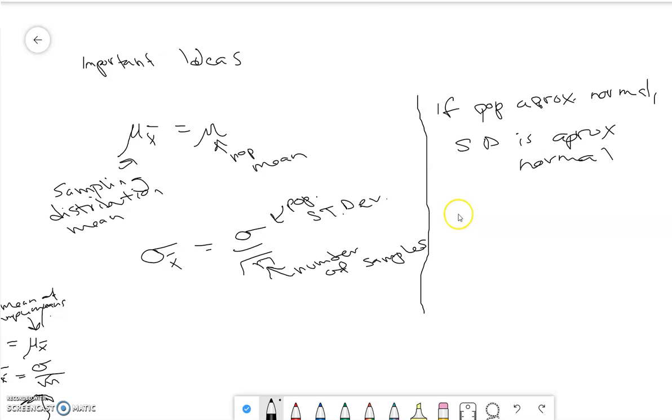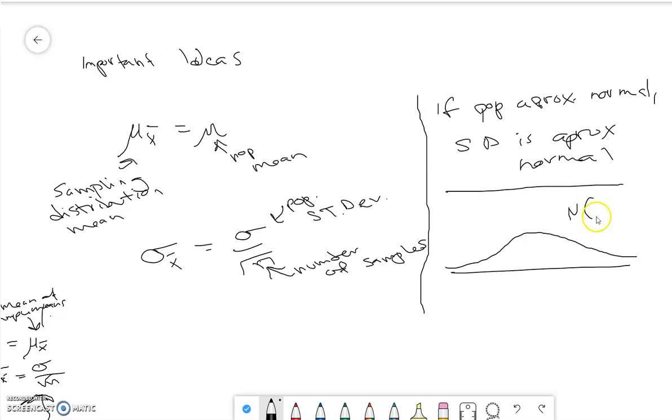And this is a throwback to last time: for our sampling distribution, we can use z-scores. So if it is normal with some mean and standard deviation, then we can find the z-score by taking the statistic minus the parameter.